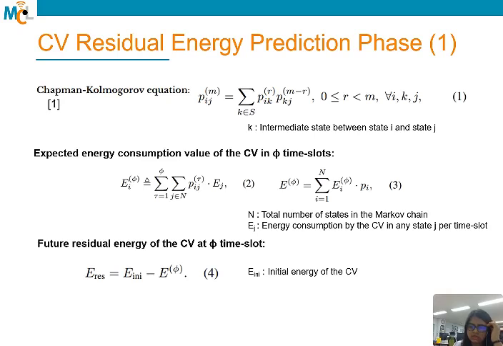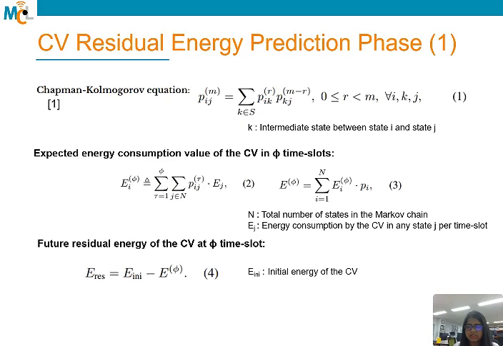To predict the future residual energy of the cut vertex, the AUV first goes to each cut vertex in the list and collects information such as the states and the transition probability matrix, using Markov chain models.